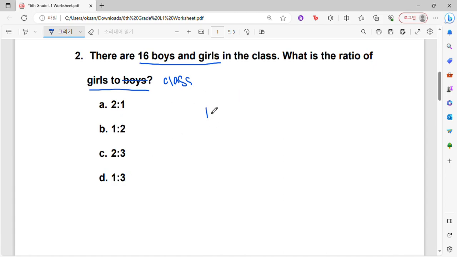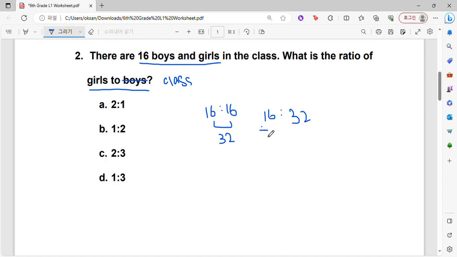So we have 16 boys and 16 girls, right? In total, we would have 32 students in the class, which would give us 16 girls to 32 in total, because girls to class, so 16 to 32.